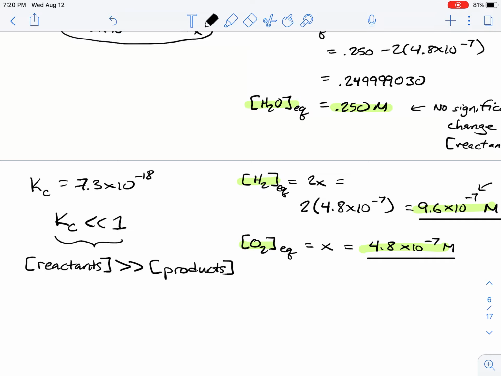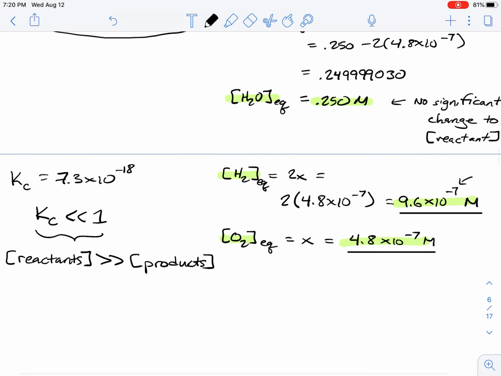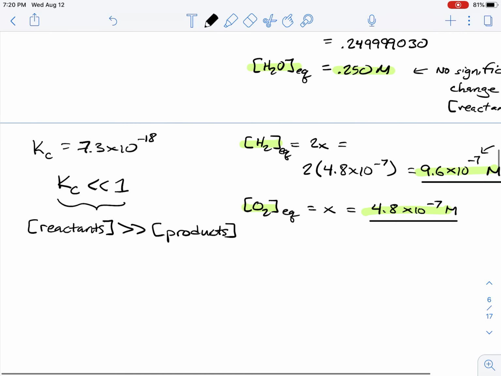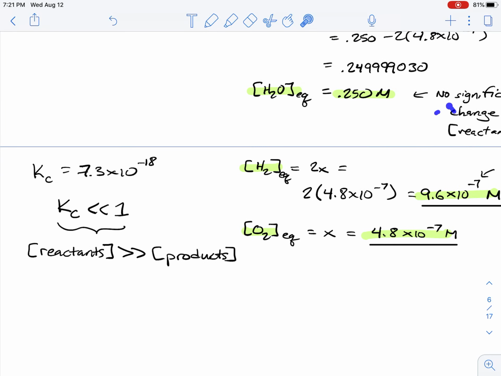Did our calculation reflect that? Yes, it did. This H2O, which is a reactant, at 0.250, is much, much greater than these values. So the math does prove the concept and vice versa.